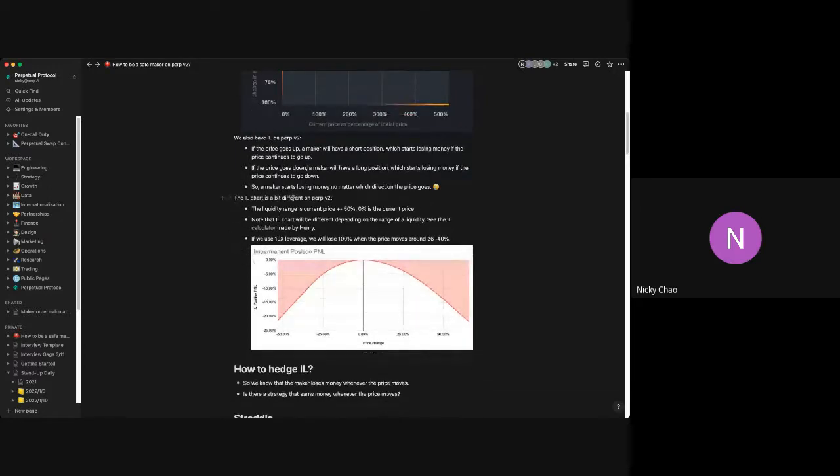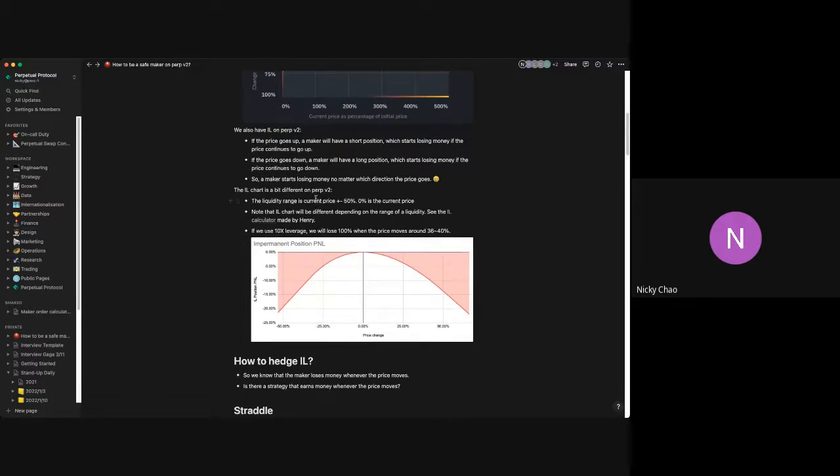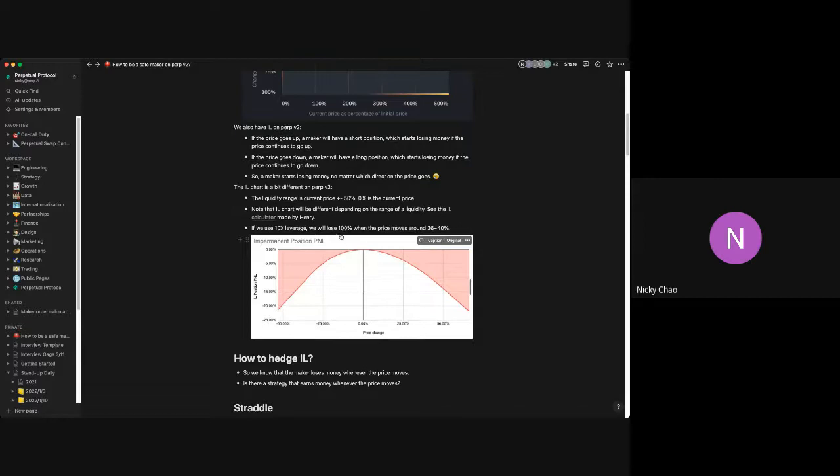So this is a chart from an impermanent loss calculator made by Henry. And it shows the impermanent loss on Perp V2. So you can see that if the price goes up, you'll start losing money. And if the price goes down, you are losing money again.